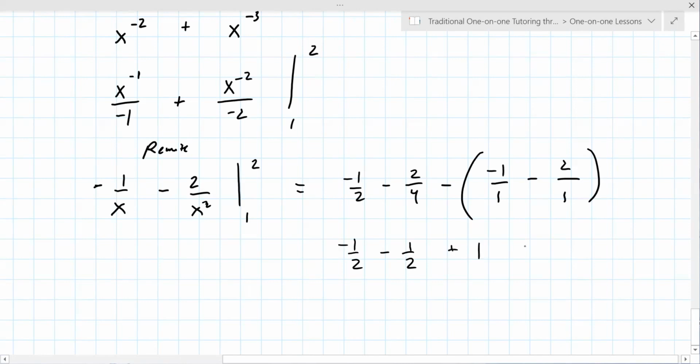So then that's 2 fourths minus 2 fourths. 1/2 plus. So then 1/2 minus 1/2 is minus 3 plus 1.